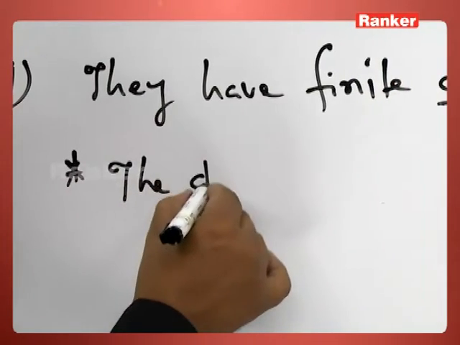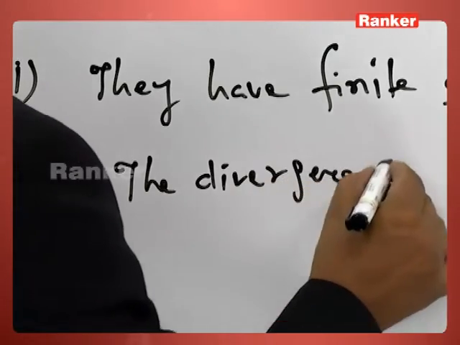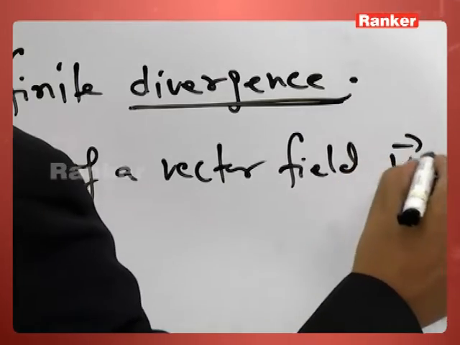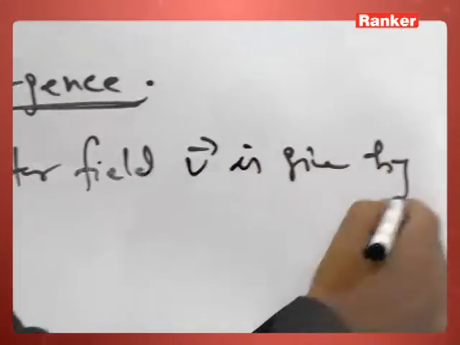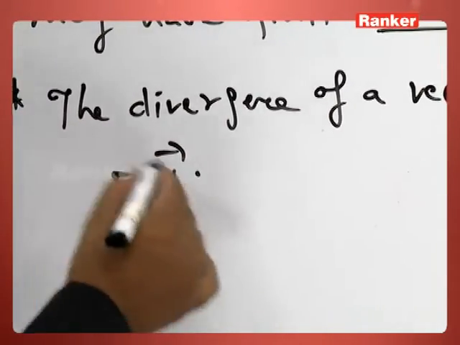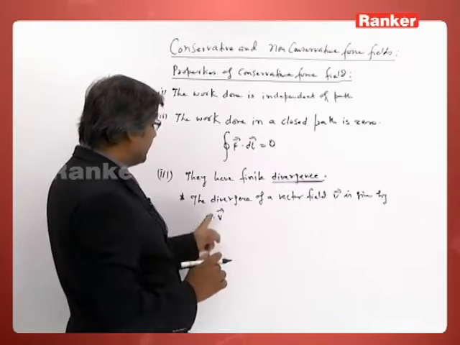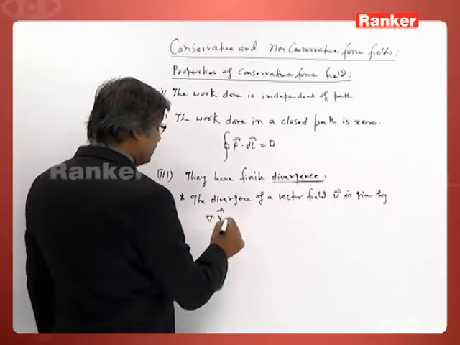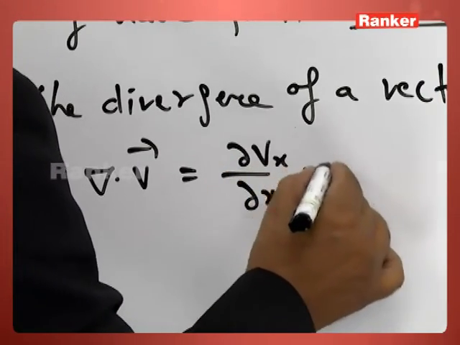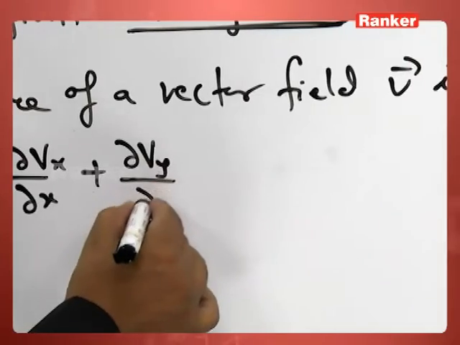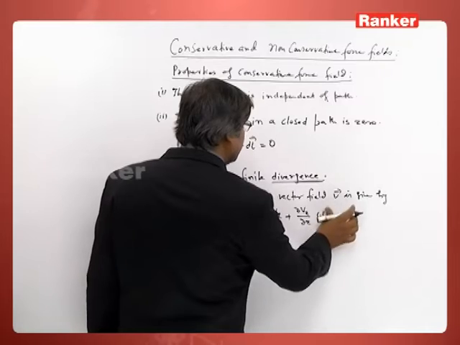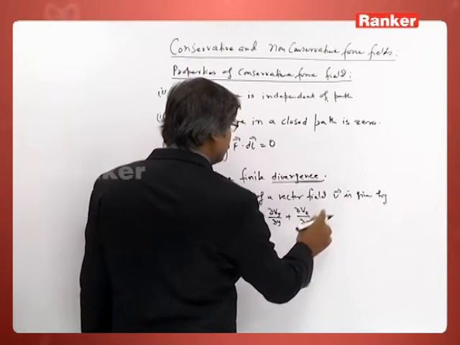The divergence of a vector field V is given by this term, del dot V. Del dot V is read as divergence of V, that is equal to dou Vx by dou x plus dou Vy by dou y plus dou Vz by dou z, where V is the vector function already specified.